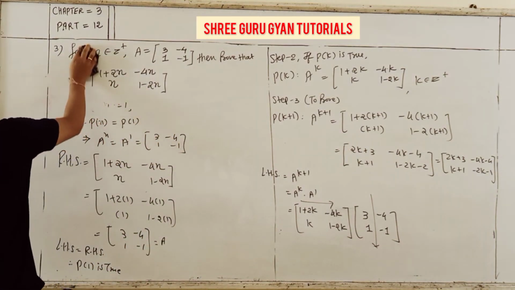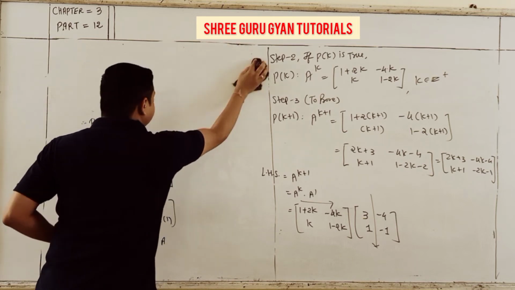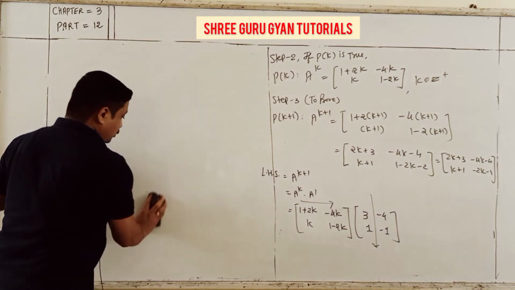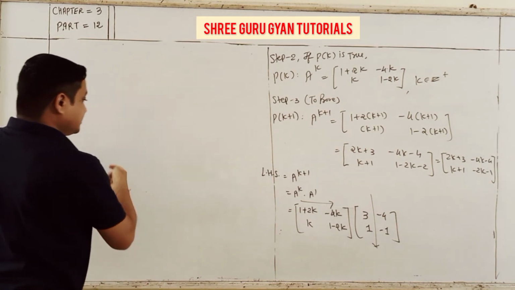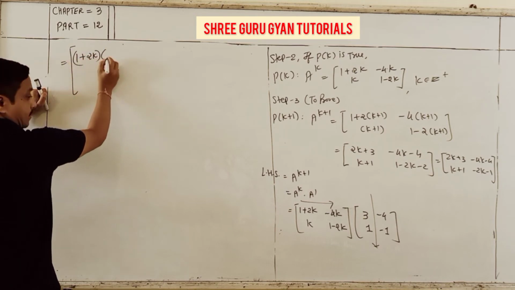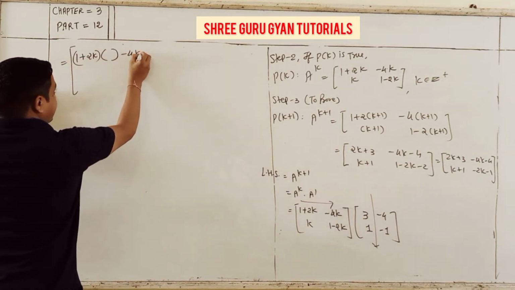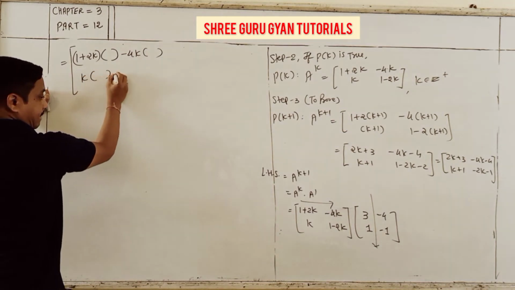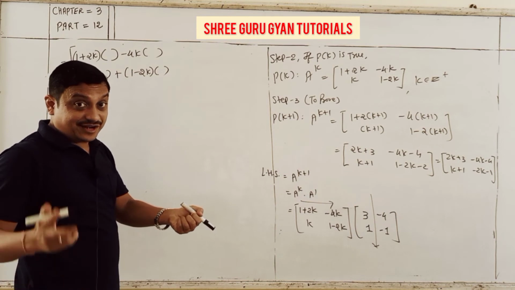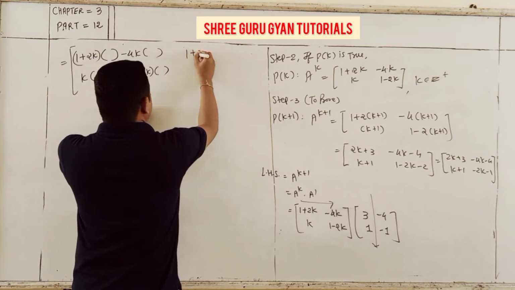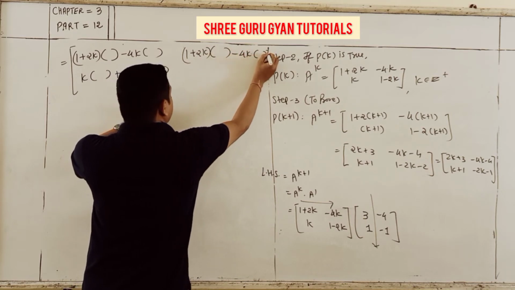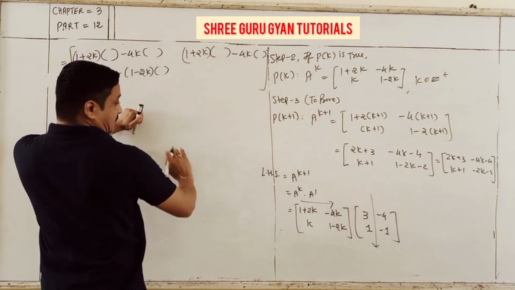And I hope you easily understood the way. So your product value is: first row, 1 plus 2k, k with the first column, and now second, 1 plus 2k, k with the second column, and the last row likewise.